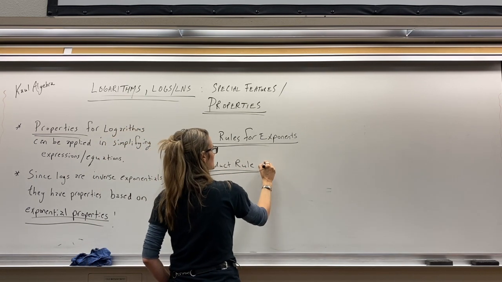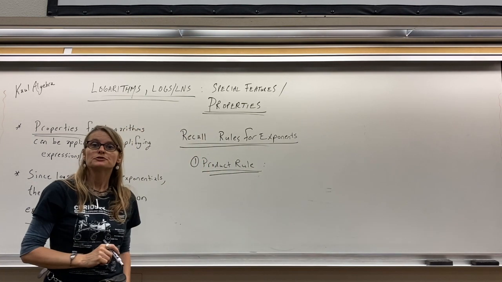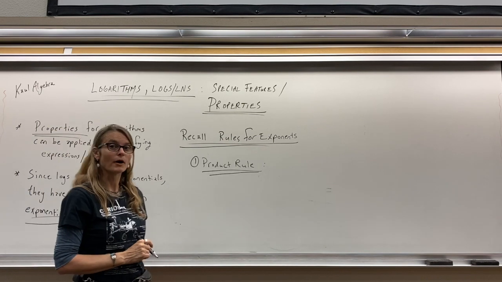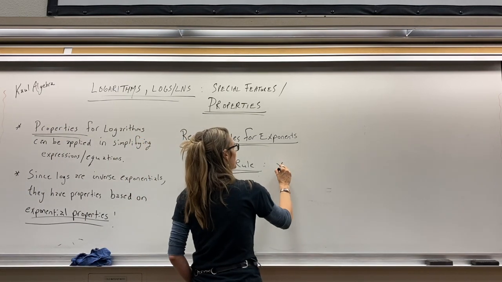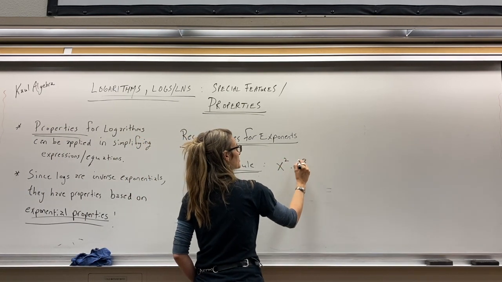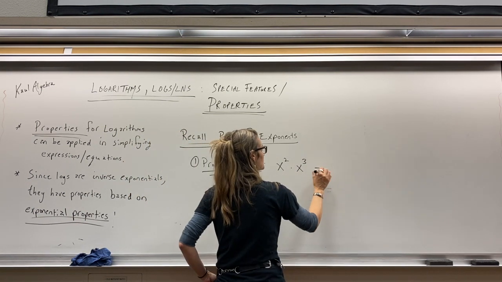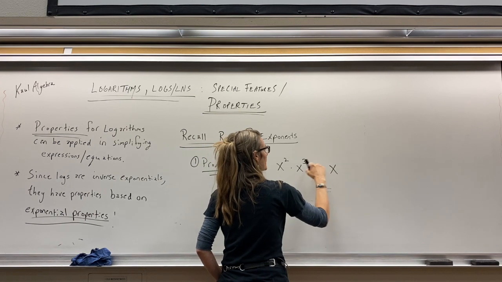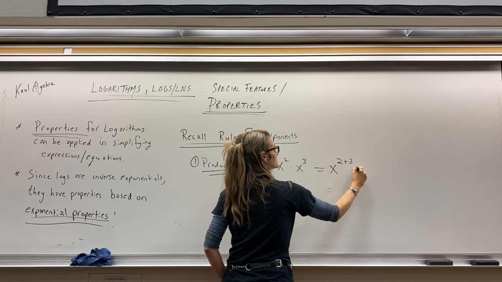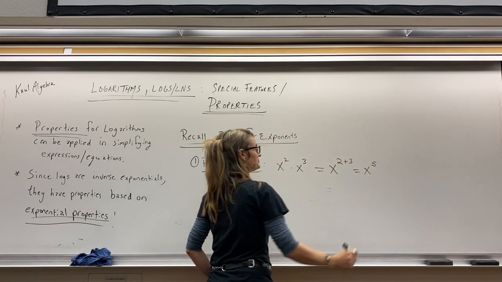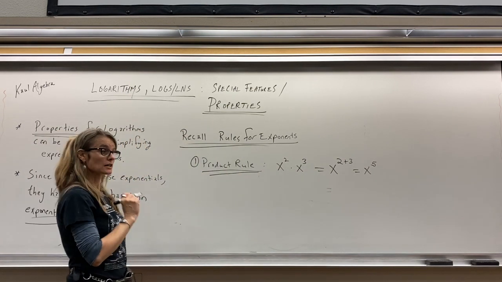The product rule said that if you have two bases that are the same and you multiply them, you could add those two exponents. So here I have base x. If I multiply these two bases, I add my exponents to get x to the 5th power. That's called the product rule.